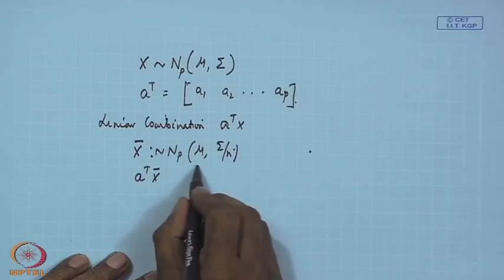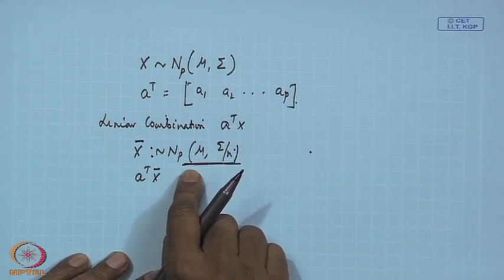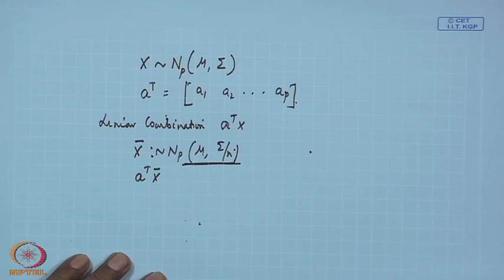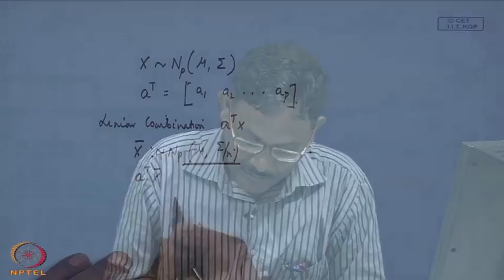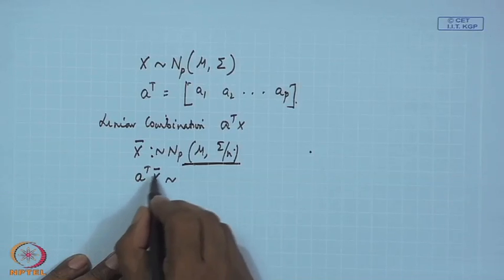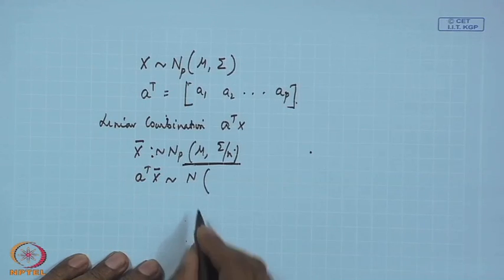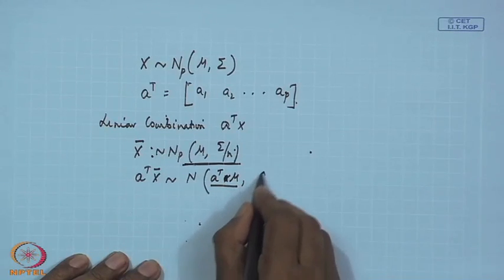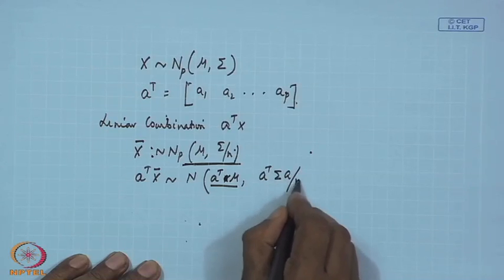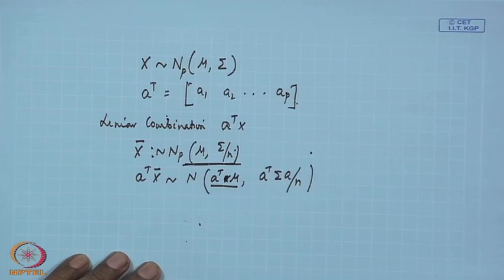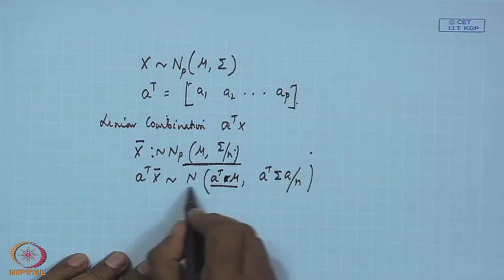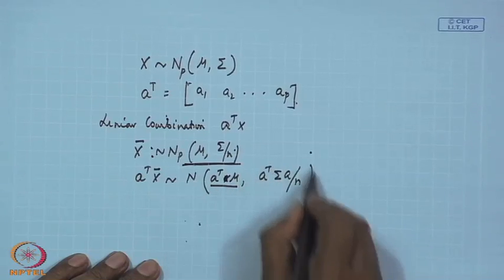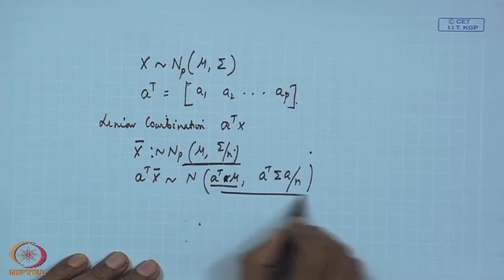So our X bar is multivariate normal with mu and sigma by n, these are the parameters. Then A transpose X bar will be univariate normal with A transpose mu as the mean, and A transpose sigma A by n as the variance. Why variance? Because it is univariate, ultimately this quantity will be 1 cross 1.